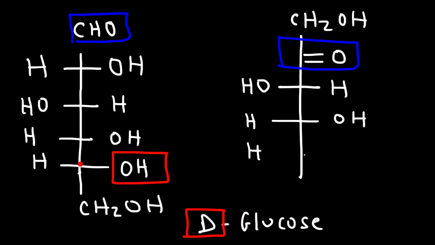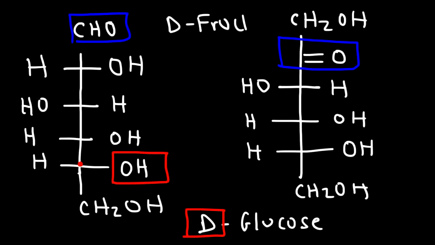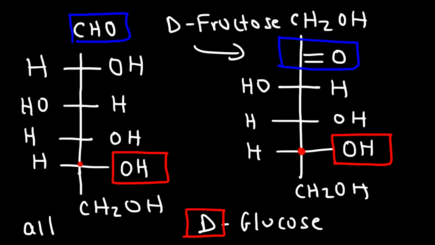You don't want to get that wrong on a test. So this is the structure of D-fructose on the right. And you can see why it's D because, once again, we have the OH group on the right side at the bottom chiral carbon.